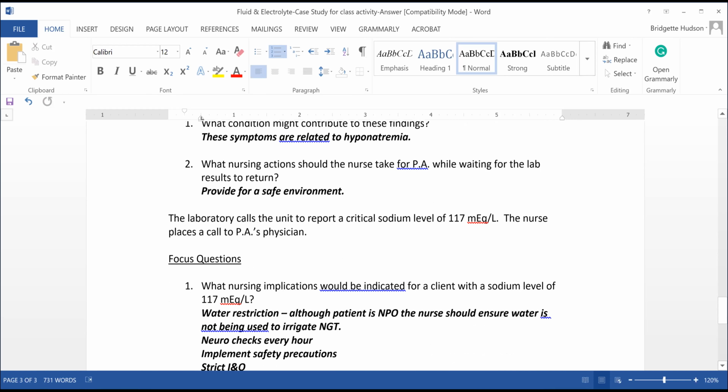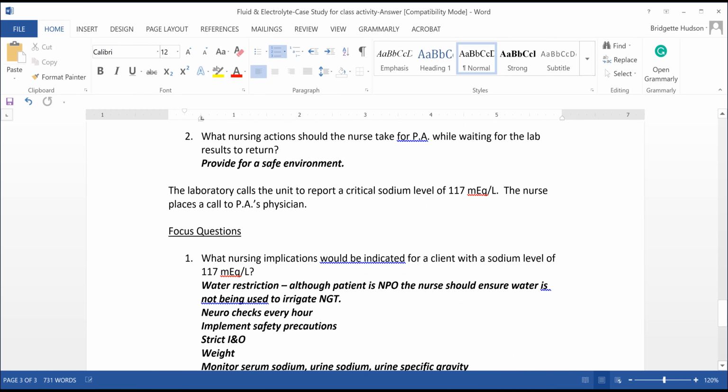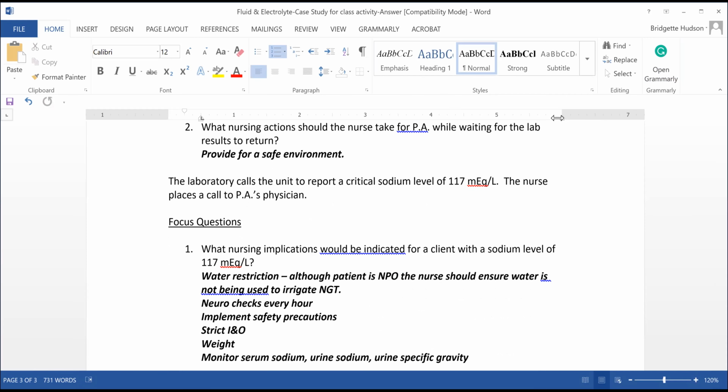Safety, strict I&Os, get daily weights, monitor her serum sodium and specific gravity.